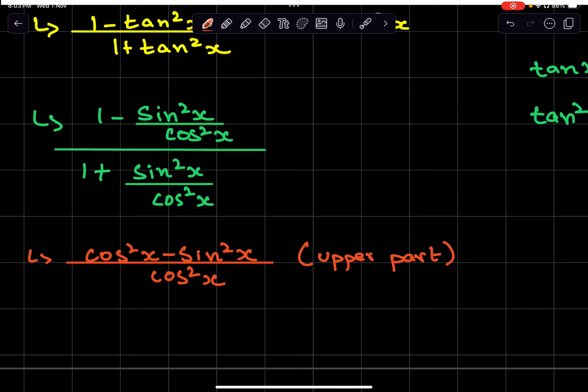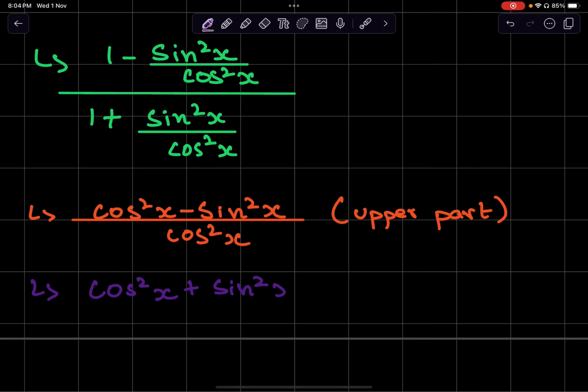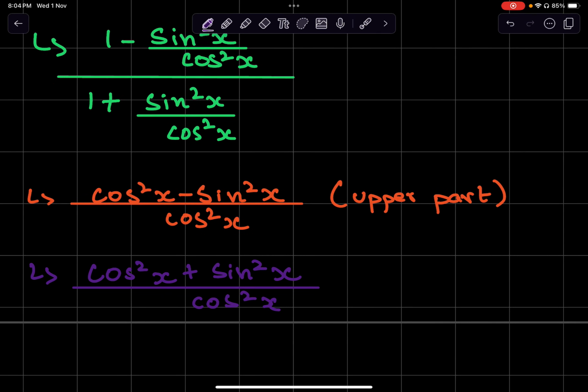Now we are going to deal with the lower part, and I'm going to write the lower part with purple color. Yes, the lower part is going to be the same. You take the LCM and you get cos square, except that on the upper part you have a negative sign in between them, and in the lower part you have a positive sign. Cos square x plus sine square x upon cos square x. So now we are going to solve them.